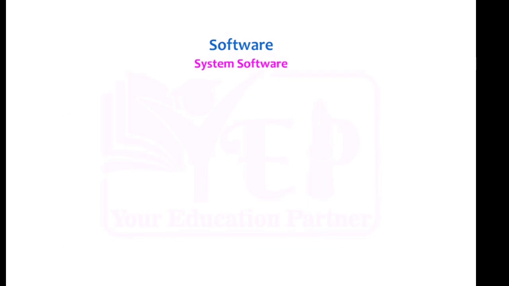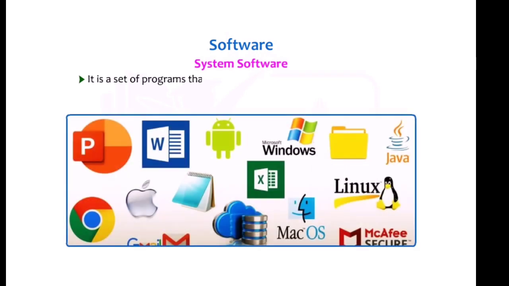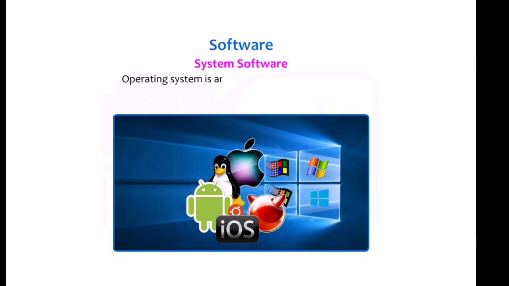System software. It is a set of programs that control the overall working of a computer. It also manages the link between the different parts of a computer and the user. Operating system is an example of system software.